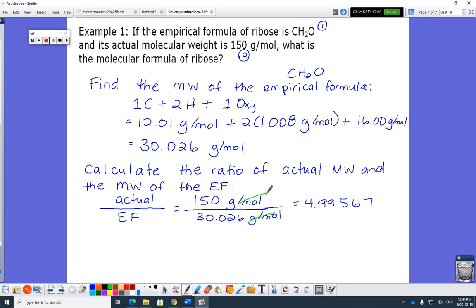So we want them to cross out. There's no units, like with CO2, right? And then you get 4.99567. So what's that really close to? 5. Usually it's really obvious. That 0.5 thing is very, very rare. So again, please don't do all this work and then just stop here. You want to actually write the formula.